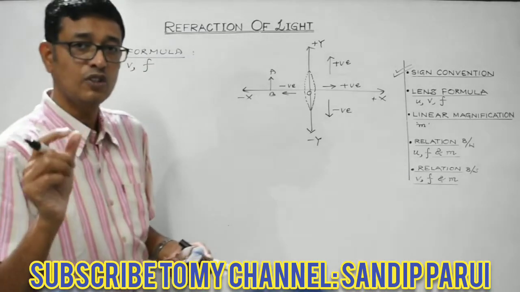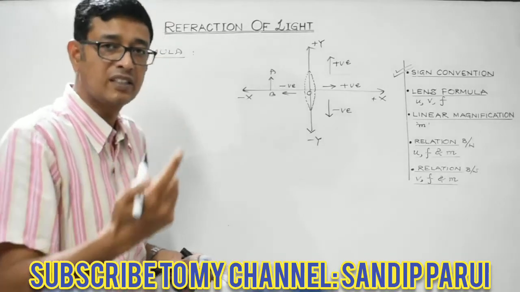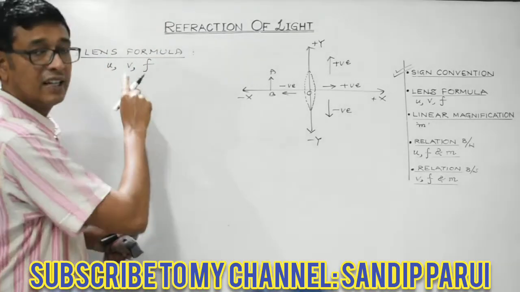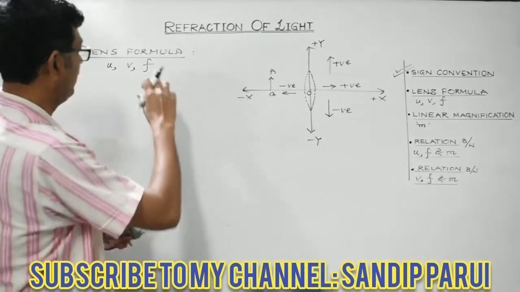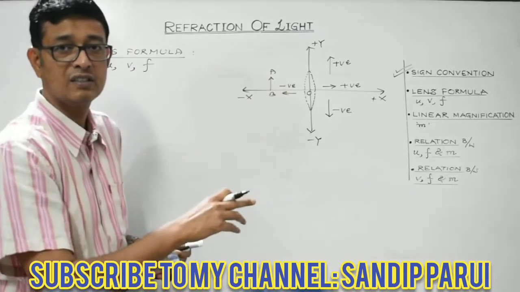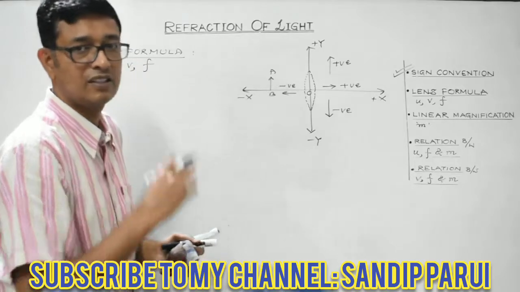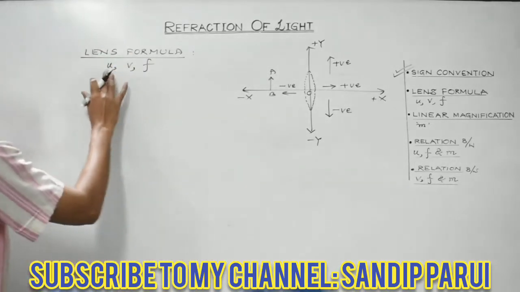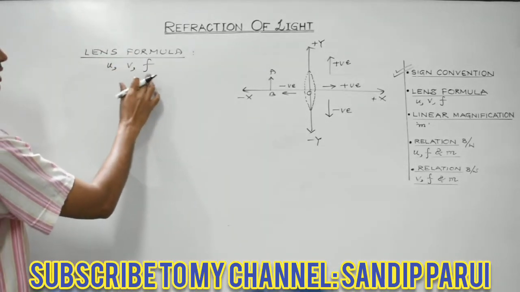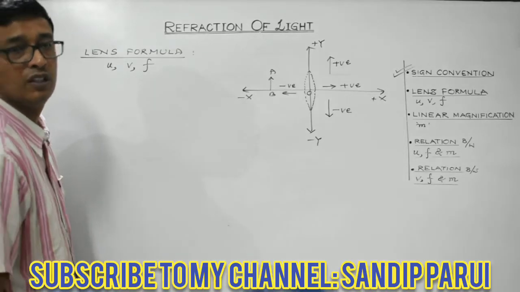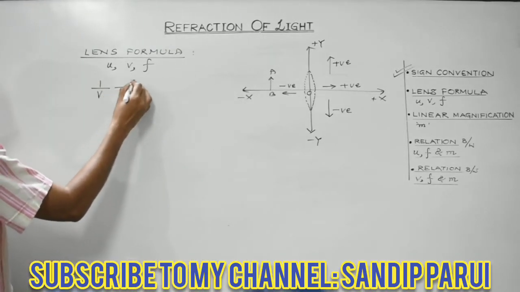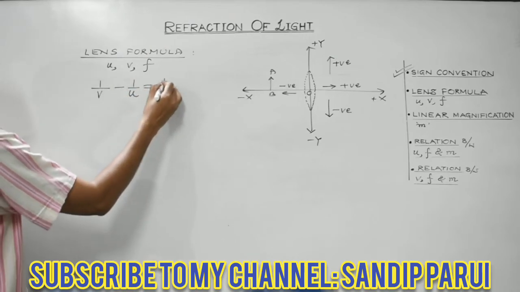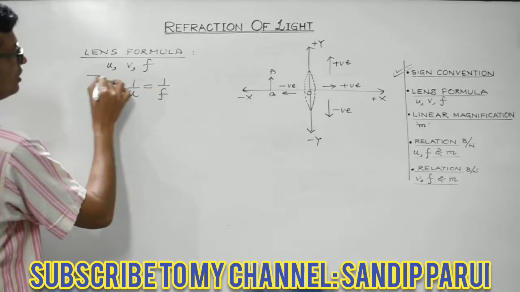U stands for the object distance from the optical center of the lens. V stands for the image distance, again from the optical center of the lens. F stands for the focal length of a lens, again from the optical center of the lens, right? So the mathematical relationship between U, V and F is known as the lens formula. And students, the relationship is 1 by V minus 1 by U is equal to 1 by F. So this is the lens formula.